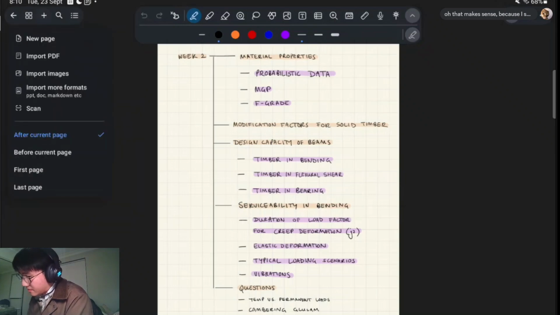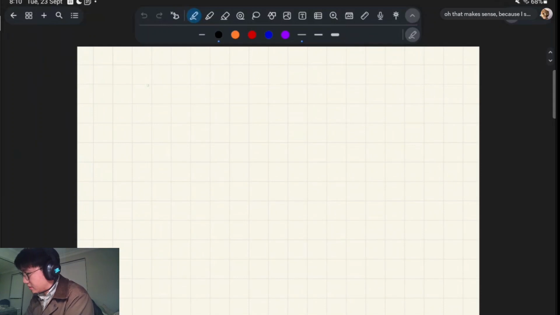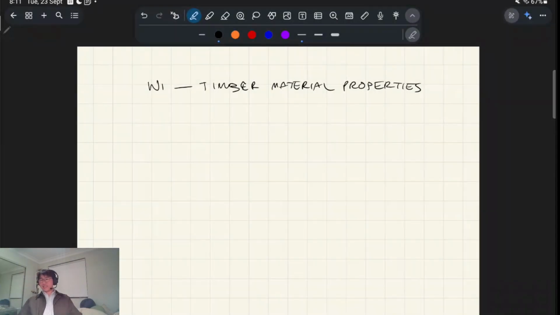Good. So to recap, week 1 was your timber material properties. My handwriting is not great right now because I've propped up my little tablet at a weird angle just so that the camera looks a little bit better for the people watching online on Discord.